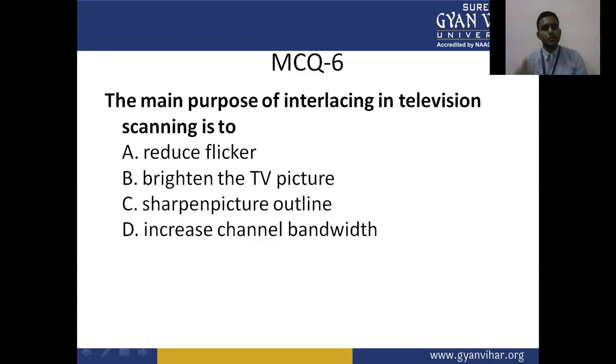The main purpose of interlacing in television scanning is to: A, reduce the flicker; B, brighten the picture; C, sharpen the picture outline; or D, increase the channel bandwidth.